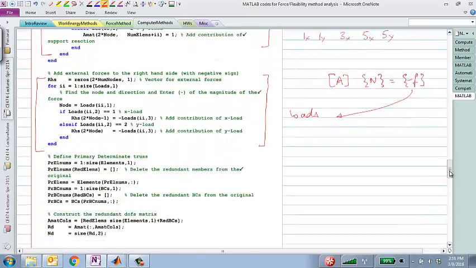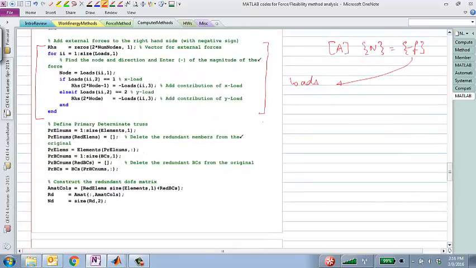And at this point it is the indeterminate. So up until this point, it was very similar to what we did for the determinate trusses. Beyond this point is where we are trying to use the force method to solve the indeterminate truss problem. So let's see how that works.